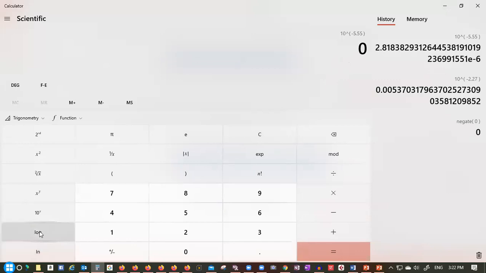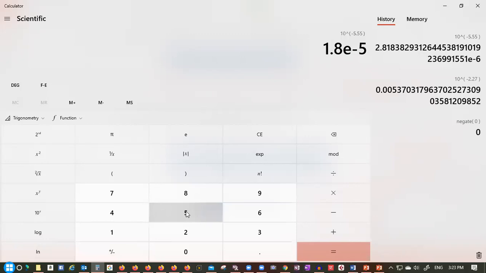What we are using for pH is log base 10. And so we write the number, which is 1.8 times 10 to the negative 5.